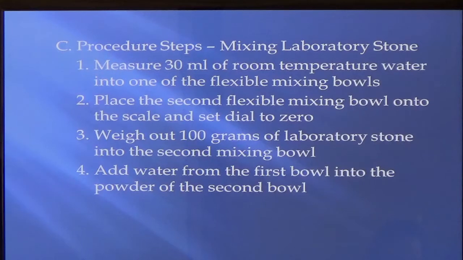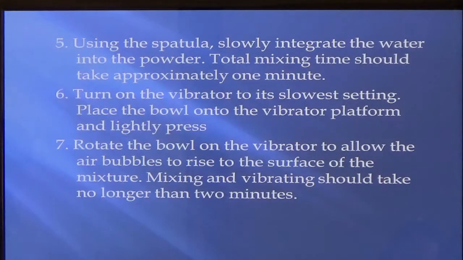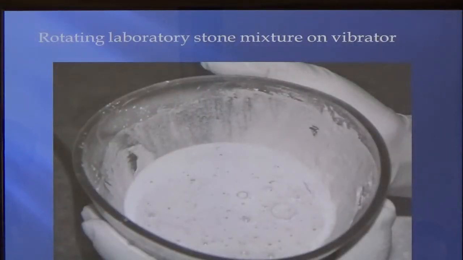He'll tell you how much water to add when you start to mix it. So it's 100 grams of powder to about 25 mils of water. And if you add hot water, it's going to set up quicker than if you add cold water. He'll go over all this. You start mixing it, you put it on the vibrator to get some of those air bubbles out.